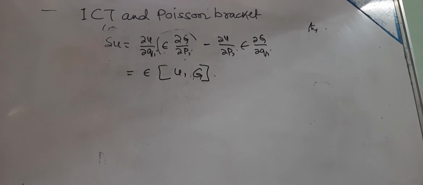So you take epsilon common. Now it is a Poisson bracket. So epsilon comes out with the Poisson bracket of u and g, the generating function. So the function u and the generating function can be written in terms of the Poisson bracket. So delta u equal to the infinitesimal change under ICT is written as epsilon times the Poisson bracket of u and g.